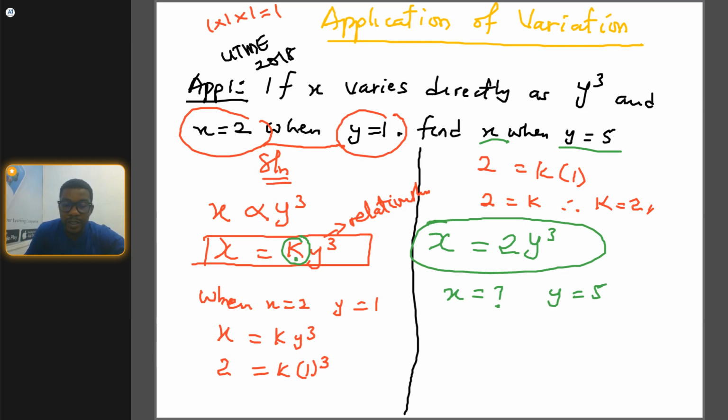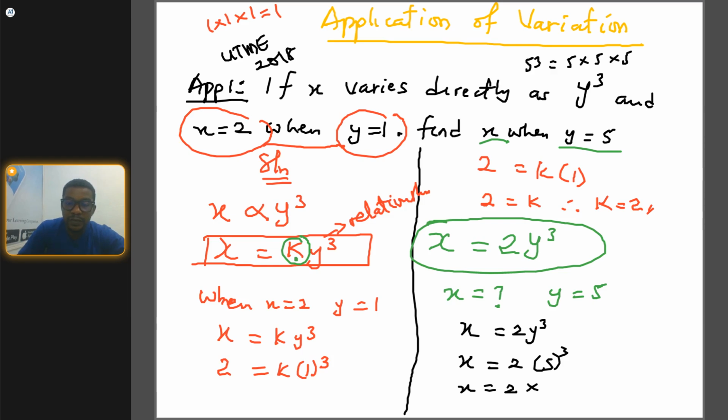By using x equals 2y cubed, x equals 2 bracket, y is what? y is 5, 5 raised to power 3. That is x equals 2 times 5 raised to power 3. 5 raised to power 3 is 5 times 5 times 5, which is 125.